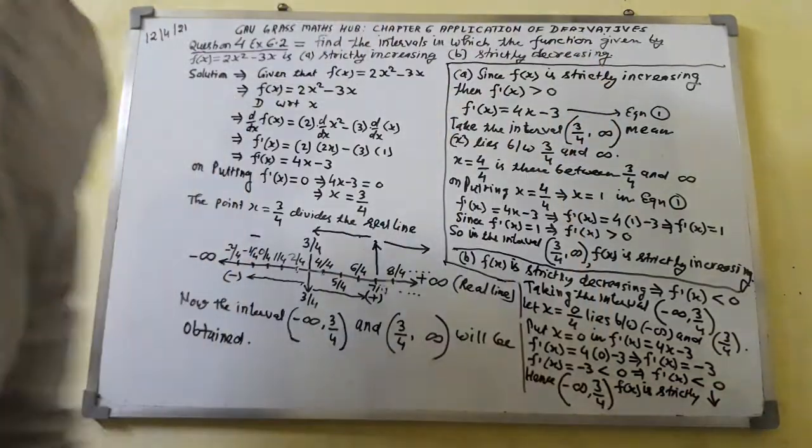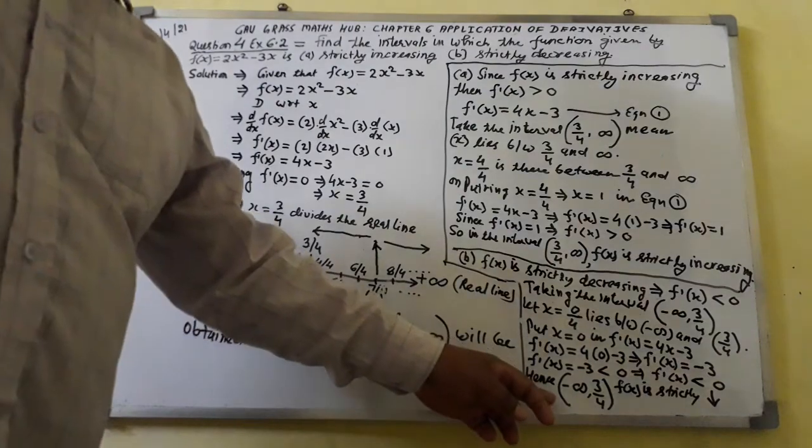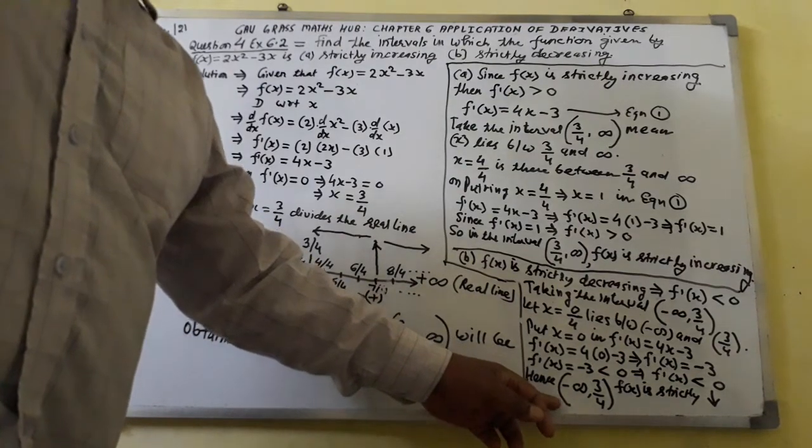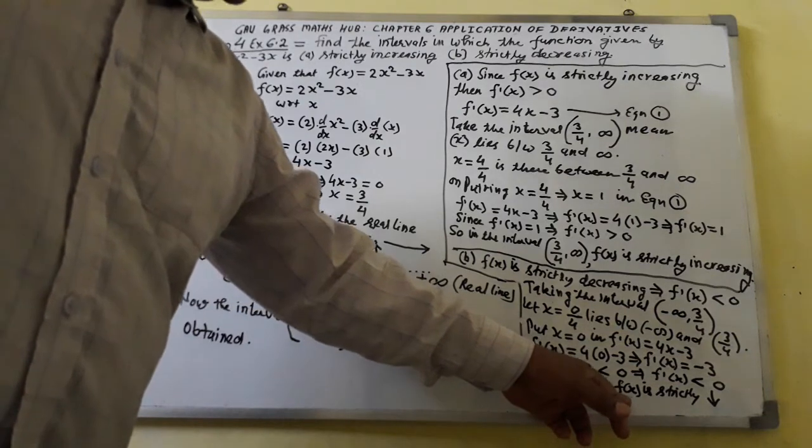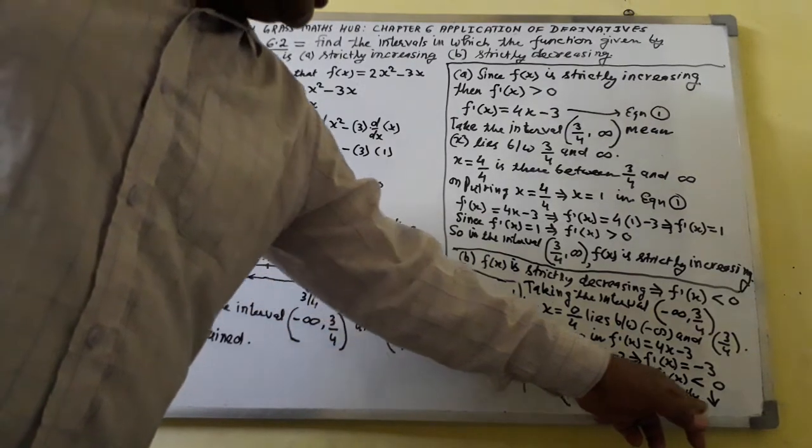This is the symbol of decreasing. Hence, under open interval minus infinity comma 3/4 open interval, f of x is strictly decreasing.